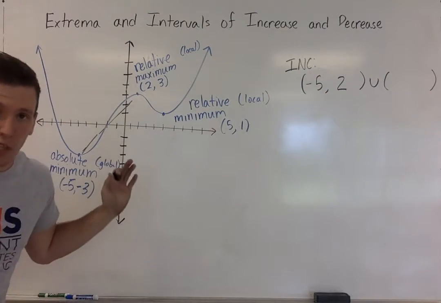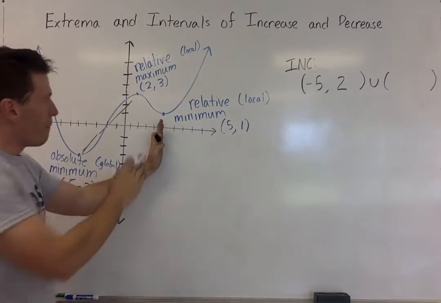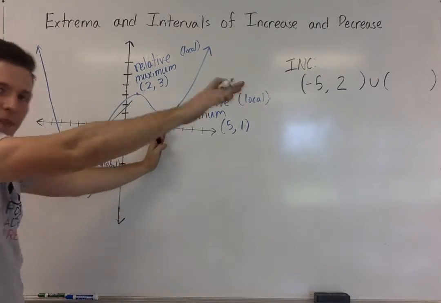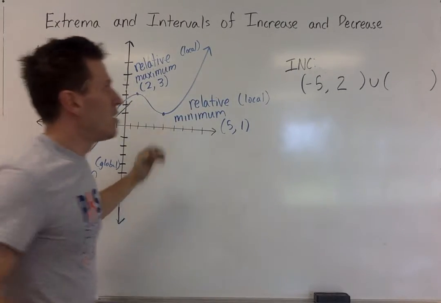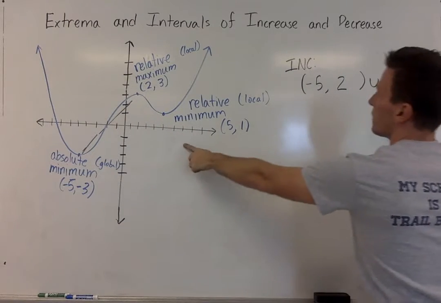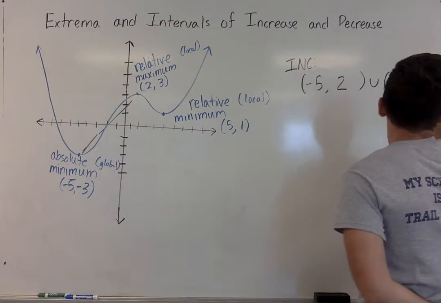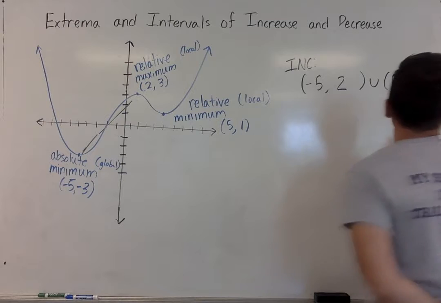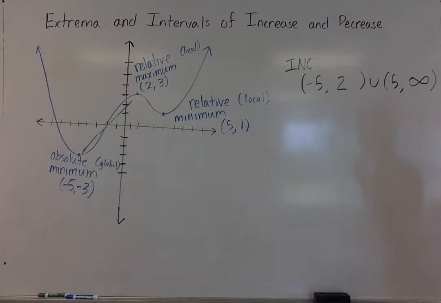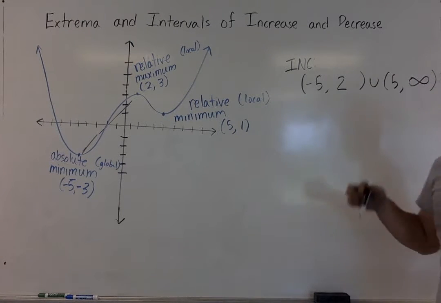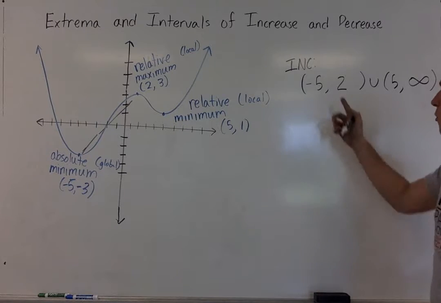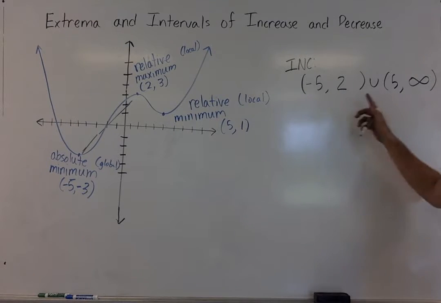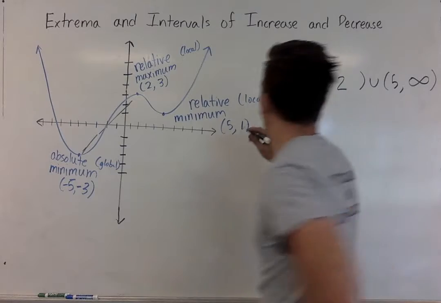But there's another place where it's increasing, from this minimum all the way to the infinite far right side of the graph. So we're also going to say that it's increasing from 5 all the way up to positive infinity. This union symbol implies that there are two separate intervals where this is true. One goes from negative 5 to 2, the other goes from 5 to infinity.